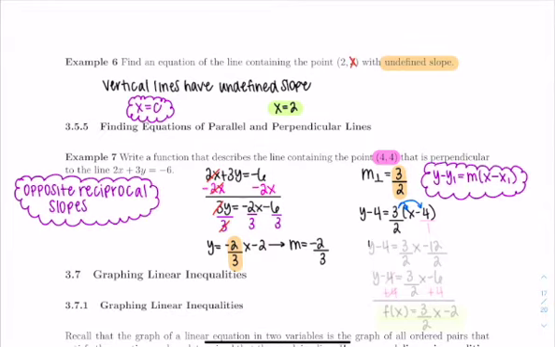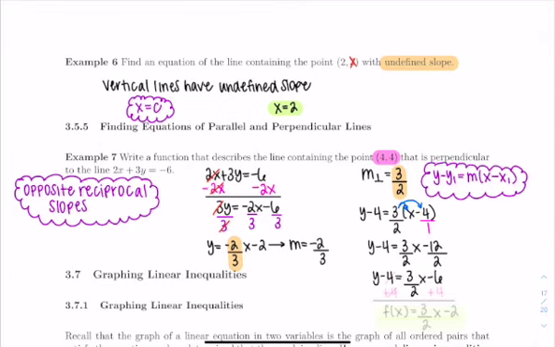We've got y minus 4 equals 3/2 x. And remember, we can always write this with a denominator of 1, so we can multiply here. We've got 3 times negative 4, which is negative 12, and then 2 times 1, which is 2. So really what we end up having is y minus 4 equals 3/2 x minus 6.